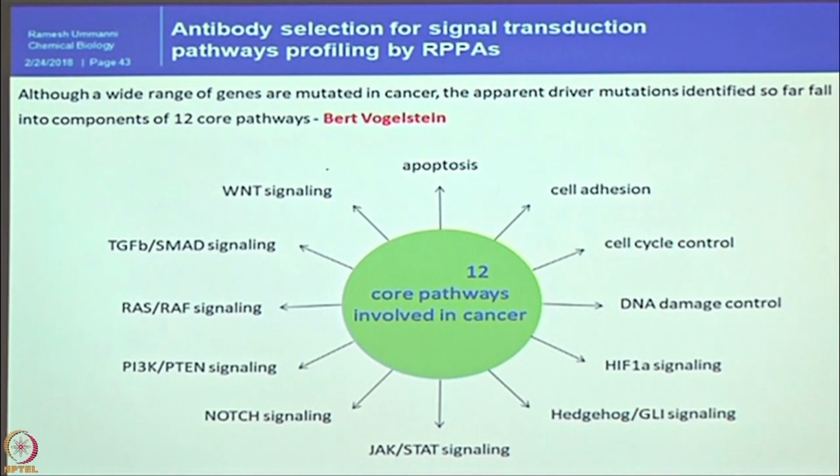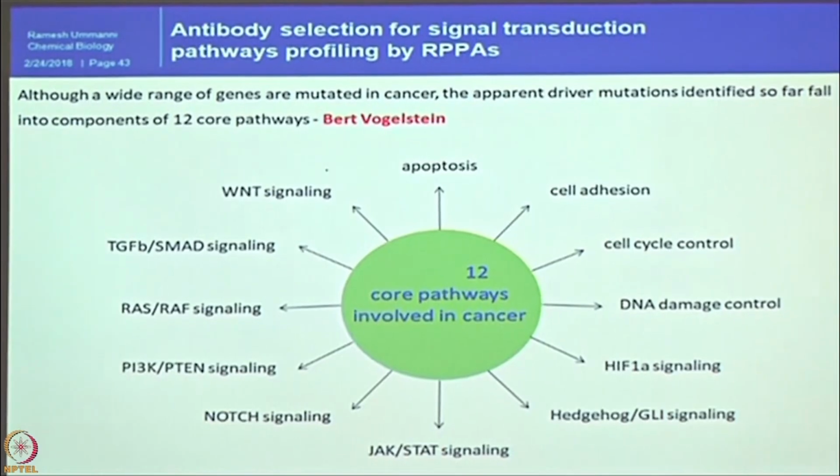Again, as I said in the first couple of slides, antibody selection is very critical and important to establish this method. Although a wide range of genes are mutated in cancer, along with lung cancer, the apparent driver mutations identified so far are components of 12 core pathways. That means all the different mutations which cause lung cancer map into one of these pathways.